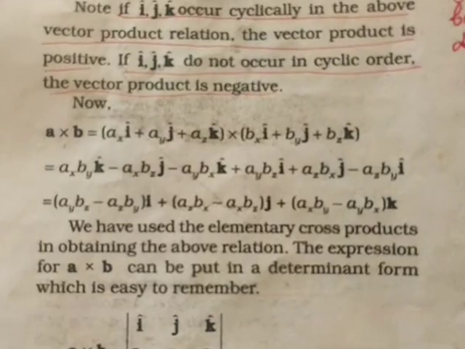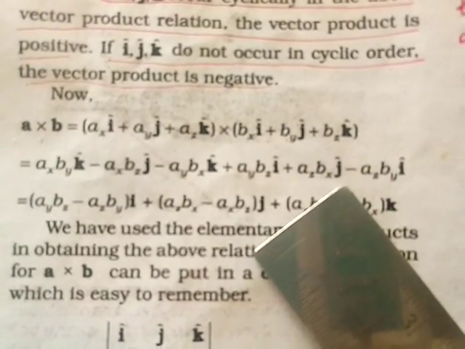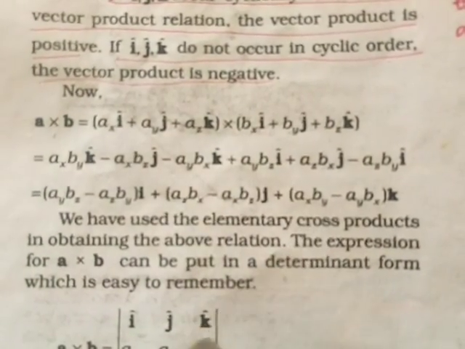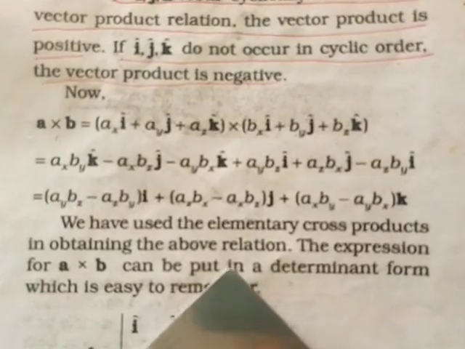This will be negative, this will be positive, because of the cyclic order and non-cyclic order. Then AZ and BX, J cap. Then AZ, BY, I cap, but it will be negative. The cross product with K cross K will be 0, so AZ, BZ will be 0.